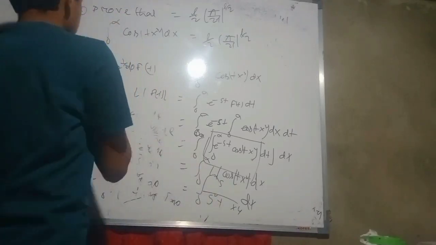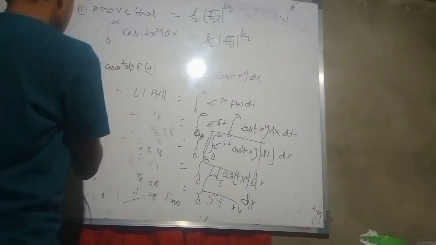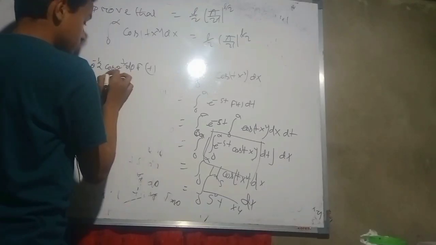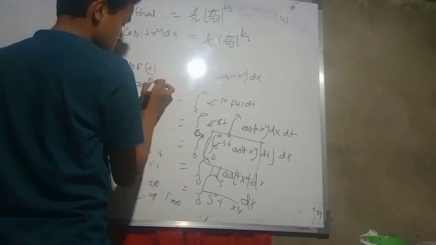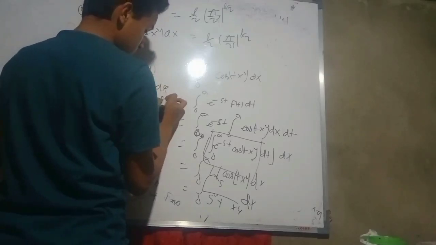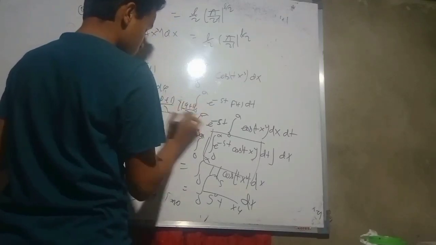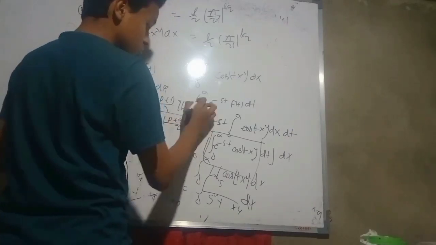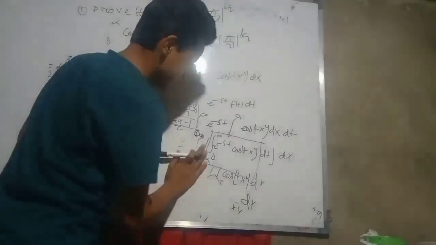Root 2s will be outside. We know that the integral from 0 to pi by 2 of sin theta to the power p, cos theta to the power q, d theta is equal to gamma of (p plus 1) by 2 times gamma of (q plus 1) by 2, upon 2 times gamma of (p plus q plus 2) by 2. That is the rule, so I am using this rule of the gamma function.